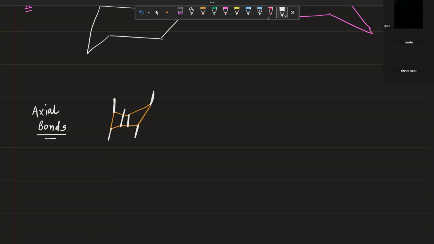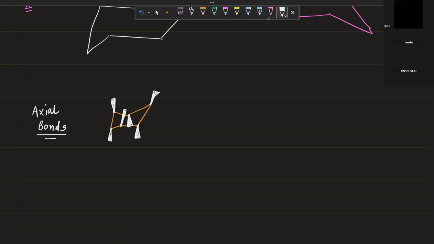You can also make them into the wedge form, because they are above the plane. Which ones are the axial? The bonds which are formed. So there are a total of six carbons in the cyclohexane, and each carbon has one axial bond.